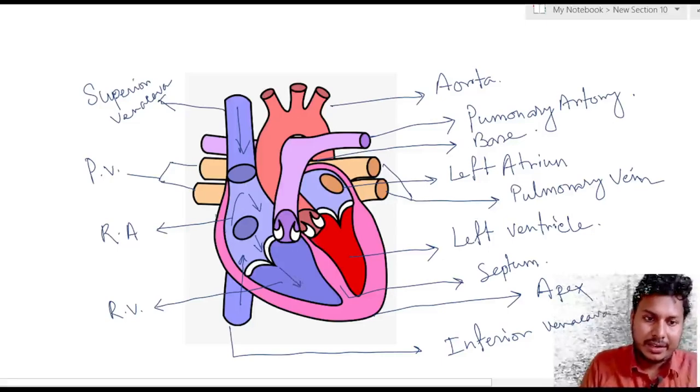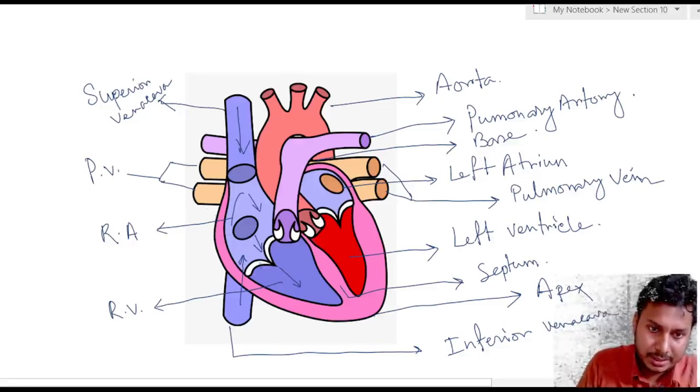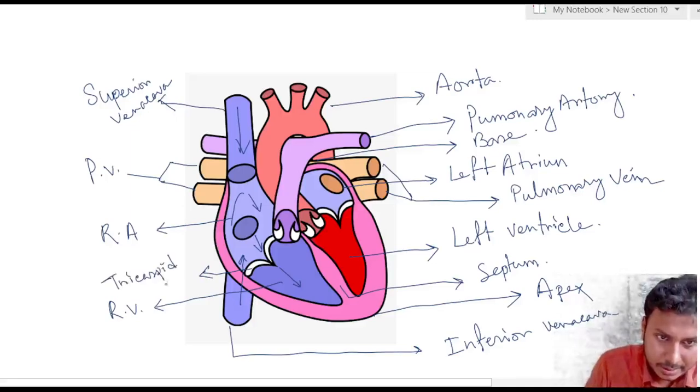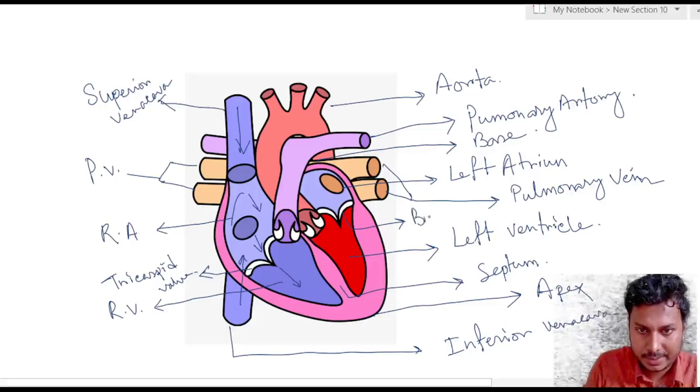When the right atrium is pushed, there is a valve called the tricuspid valve. And here is our bicuspid valve.